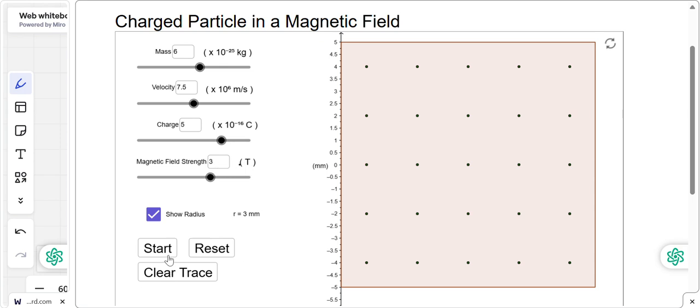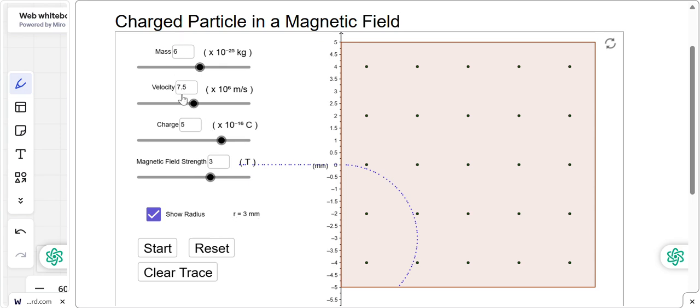Now let's see the path followed by this charged particle in this magnetic field. Okay, so it is clearly seen that the path followed by the charged particle is circular with the radius 3 millimeter.